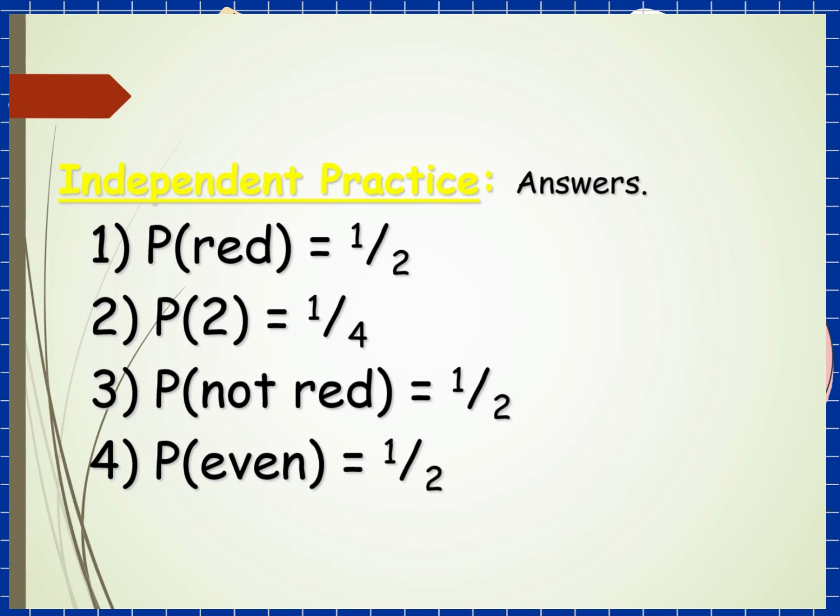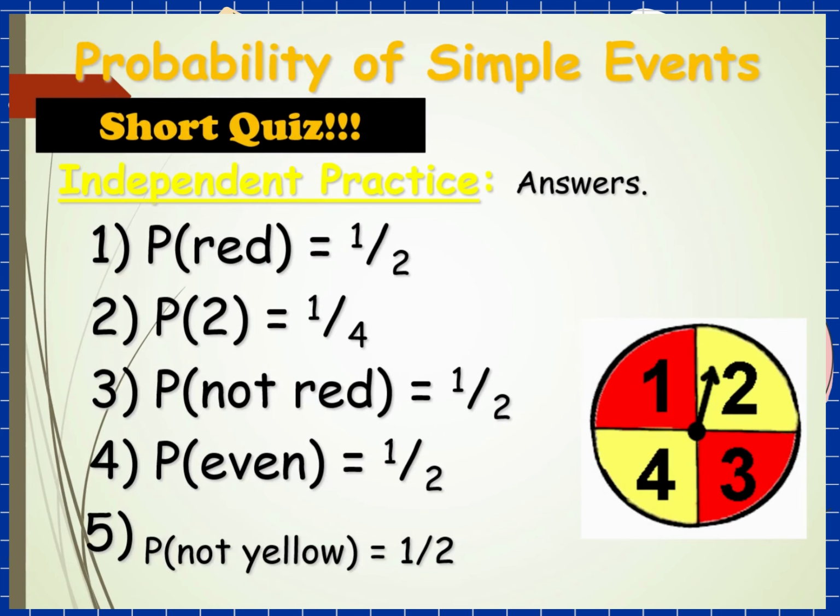Item number 2, P of 2 is 1/4. Item number 3, P of not red is 1/2. Item number 4, P of even is 1/2. And the last one, P of not yellow, is also 1/2. Great job, students! You're on the right track.